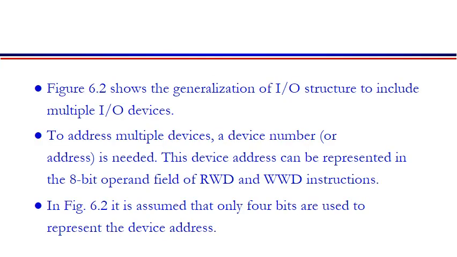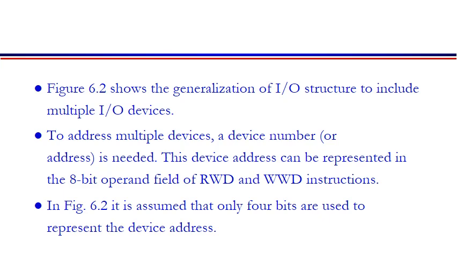So the next figure will show the generalization of input-output structure to include multiple IO devices. In the previous slide, we have discussed only one input and one output device. Now, if we have multiple input-output devices, then what will be the procedure to include or increase these input-output devices? So, to address multiple devices, a device number or device address will be used.